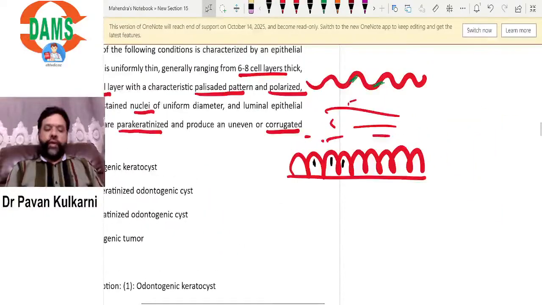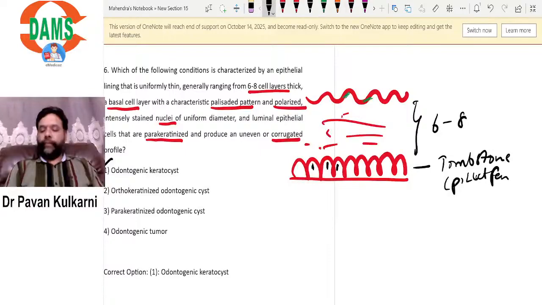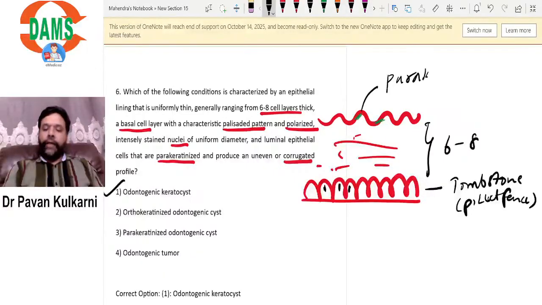You have to remember all these points: 6 to 8 layers, and basal cells with a tombstone or picket fence appearance. The corrugation on the luminal surface is called parakeratin corrugation. Remember, it is a very characteristic feature of the OKC, because we have one more type of cyst called the orthokeratinized odontogenic cyst.